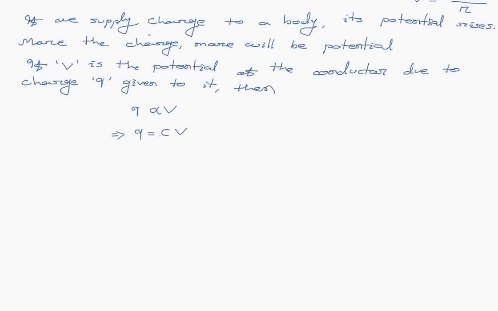Here this constant of proportionality C is called the capacity or the capacitance of the conductor.